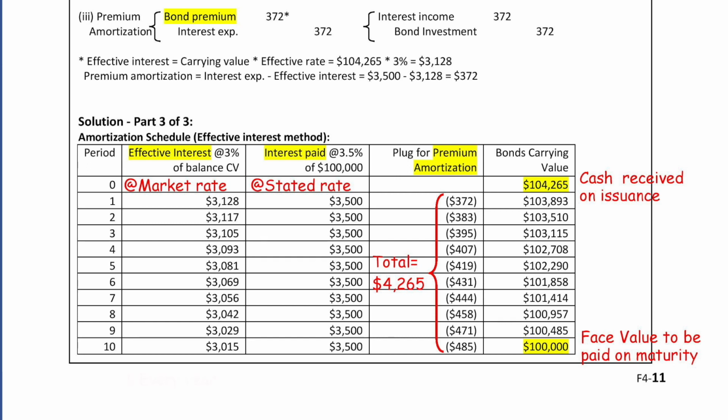So right there, decreases every year. With the premium amortization column, we see that the premium increases every year. So right, increases every year. So the premium is amortized at an increasing rate.